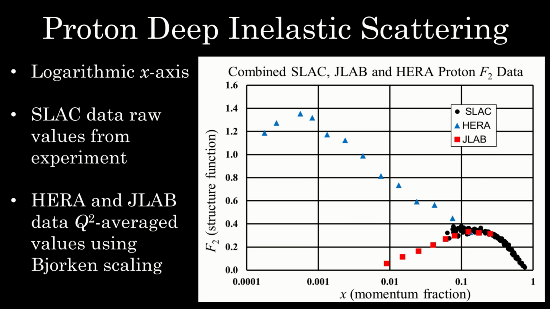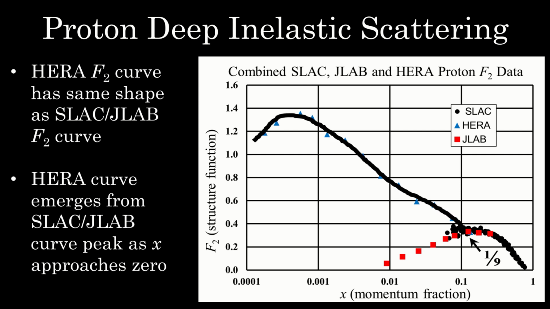The HERA F2 curve indicates its electrons are apparently seeing particles much smaller than the pions. Noticing the HERA F2 curve begins to diverge from the SLAC-JLAB F2 curve at about x equals 1/9 as x approaches 0, it appears that once the HERA electrons have resolved the pions within the proton, they begin to resolve the structure within the pions.